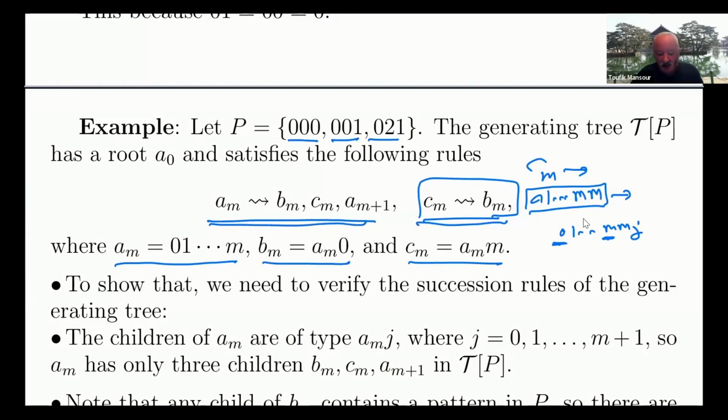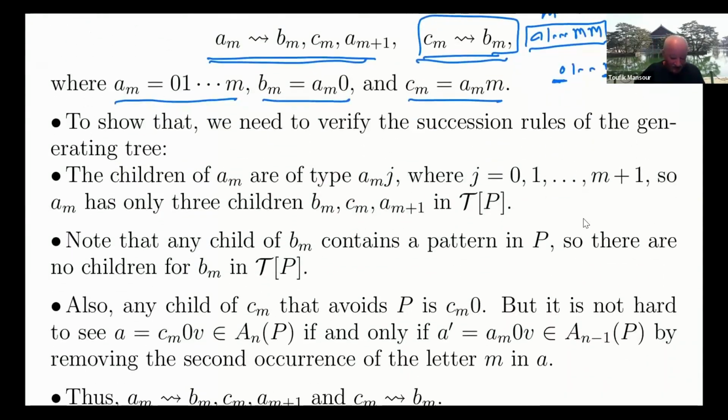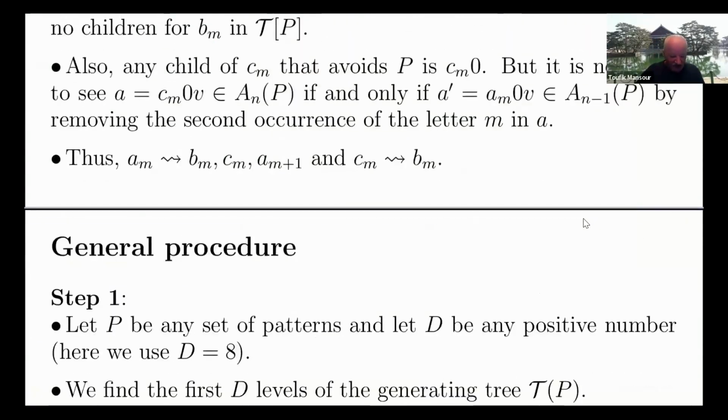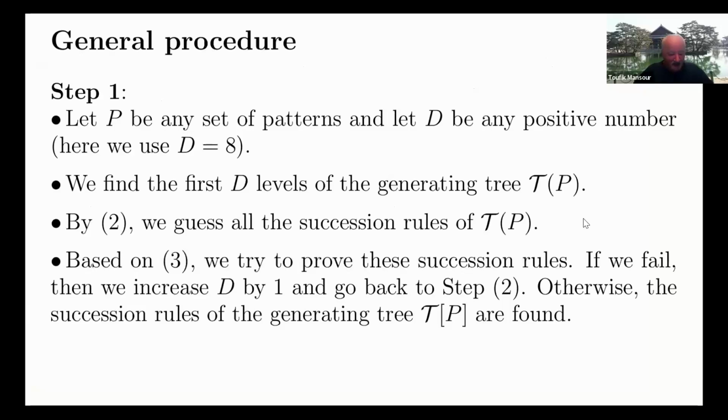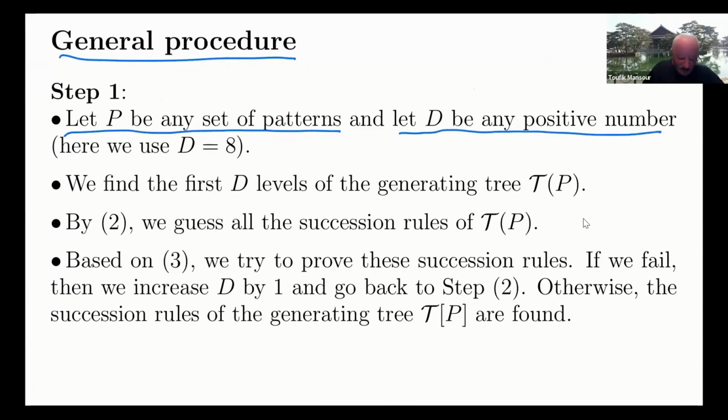And like that I get the tree. So what is the procedure? What is the procedure to get the tree? First, I have a set of patterns. I put some positive number d, how many levels I would like to check in the tree.